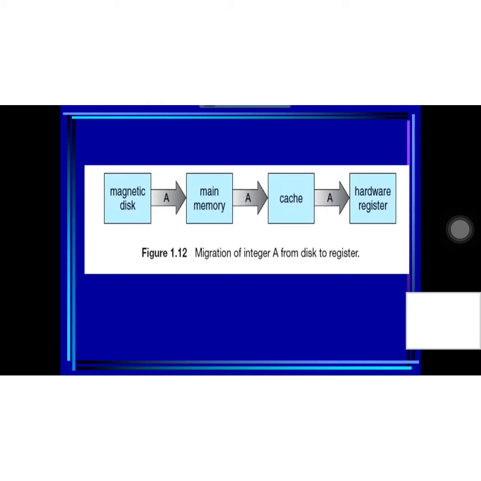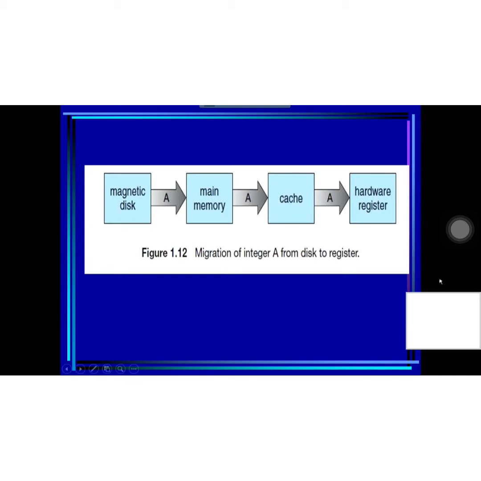So, like this picture, the copy of A appears in several places: on the magnetic disk, in main memory, in the cache, and in an internal register. Once the increment takes place in the internal register, the value of A differs in the various storage systems. The value of A becomes the same only after the new value of A is written from the internal register back to the magnetic disk.